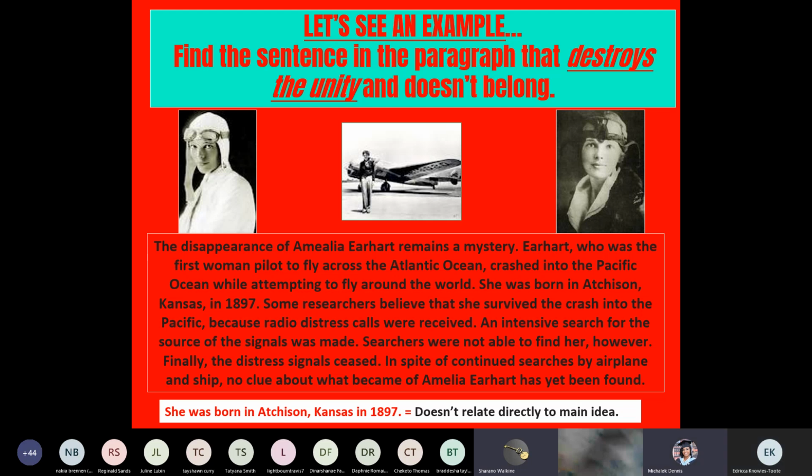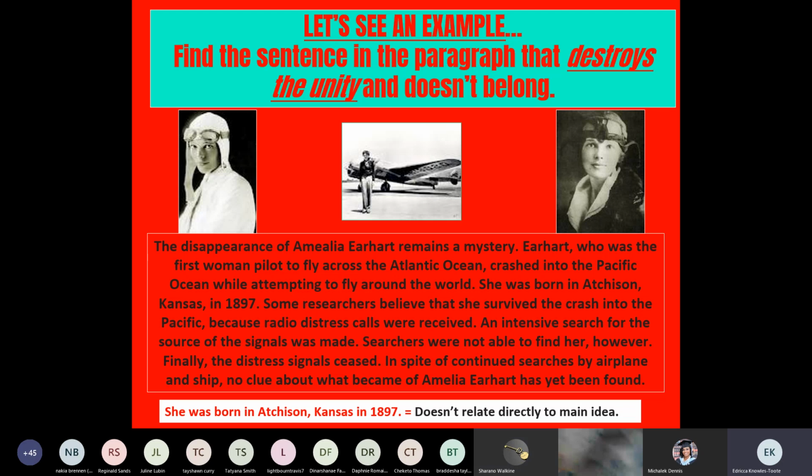Tonique is saying the disappearance of Amelia Earhart remains a mystery. Yeah, Wadley said the same thing. The first line. So we know that the rest of the paragraph should be about what? Because we have our topic sentence, the main idea.